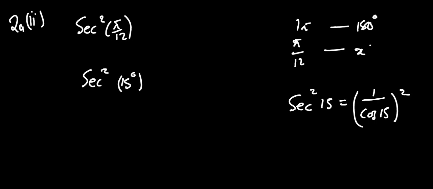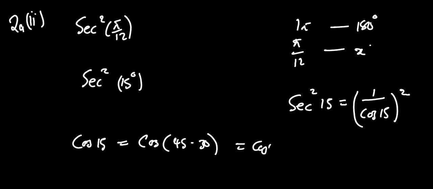So once you get your cos 15, which is the same as what? Cos 15 is the same as cos of 45 minus 30. Using your compound angle formula for cos, this will be cos 45 cos 30 plus sine 45 sine 30.